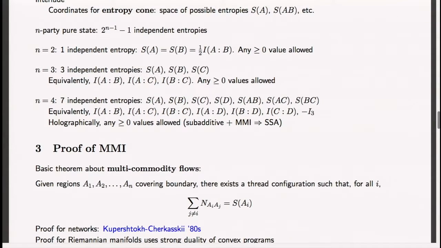This was proven in the 80s in networks using some techniques that do not carry over to the continuum Riemannian case, so we had to prove it from scratch. I think it's a very beautiful proof. It uses, again, these tools from convex optimization theory, but I don't have time to go into that.